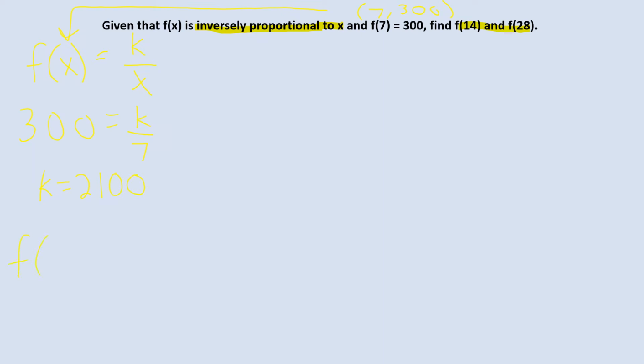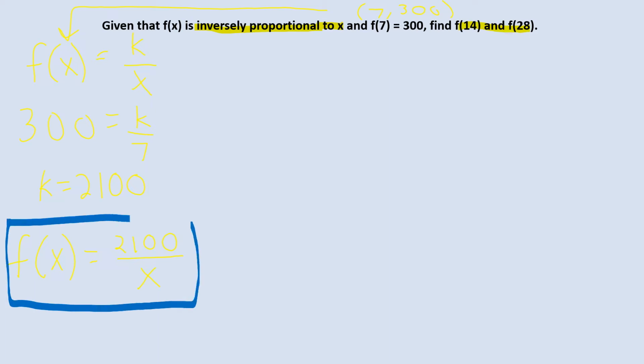Once we plug this back in, we will have f of x equals 2100 over x. Now we're going to use this equation to plug in 14 and 28.